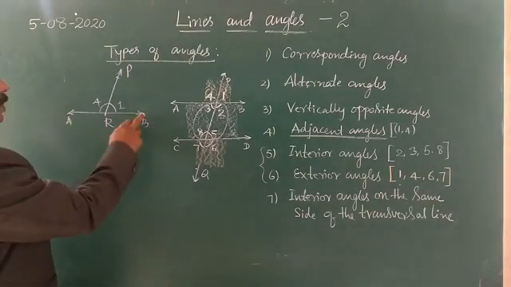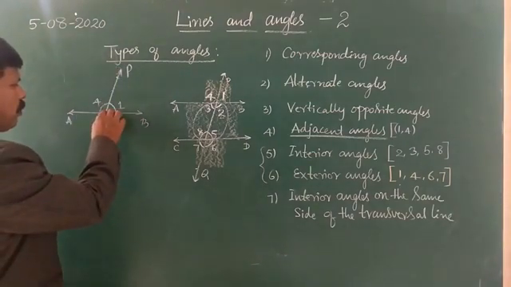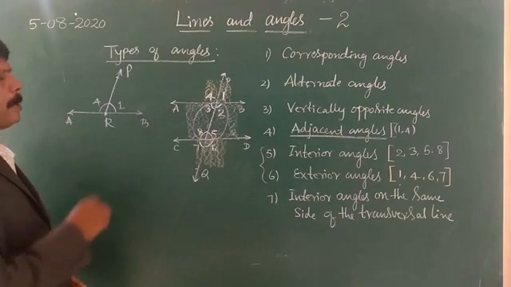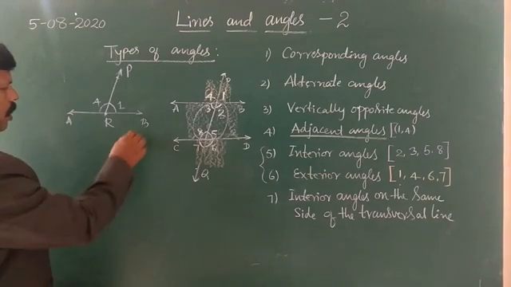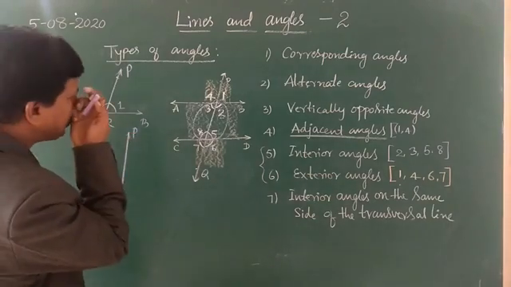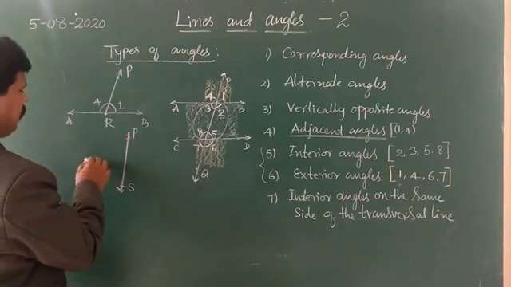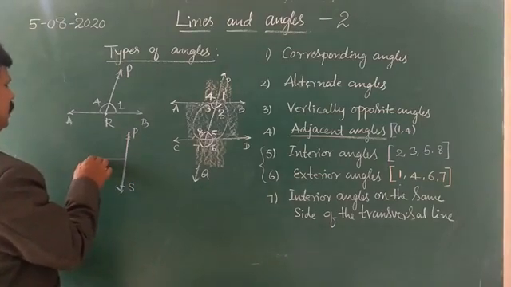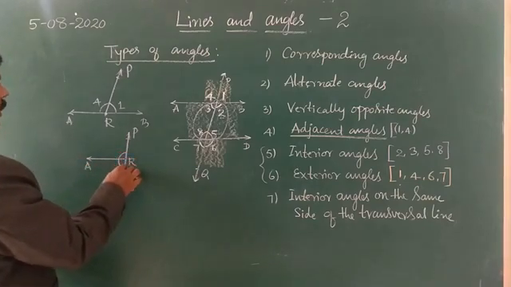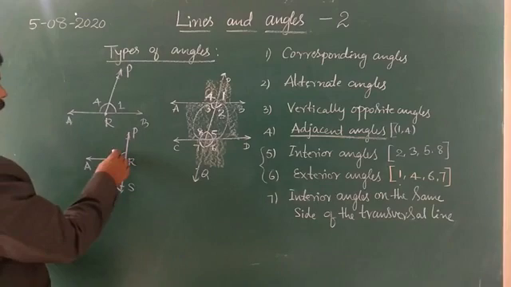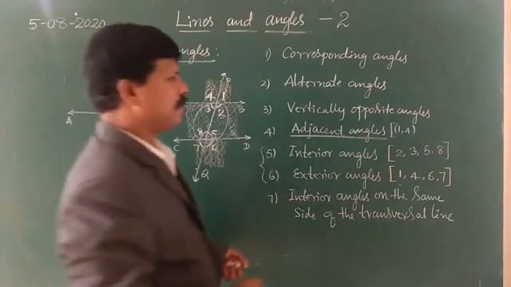When you consider AB is a straight line and RP is a ray, here is a common vertex R. Here, similarly, if you are considering this P and S, P and S is a straight line, and if you are considering this, here is R and this is A, then these two angles, look at that, these two angles 4 and 8, they are the adjacent angles.